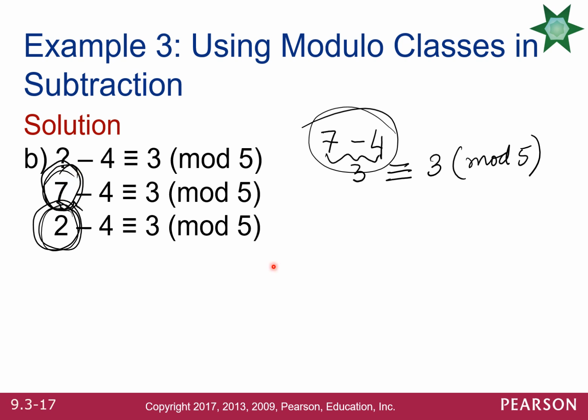So 7 minus 5 is a 2, and that's how they came up with a 2, because this value, the question mark, really had to be a value less than the modulus number, which is a 5, without changing the validity of this expression. All right, so 2 minus 4 would be congruent to 3 mod 5.